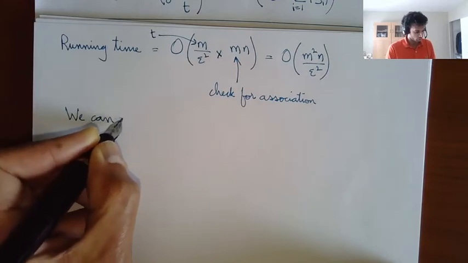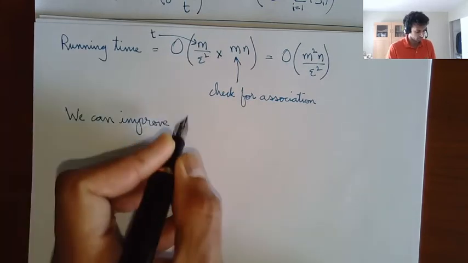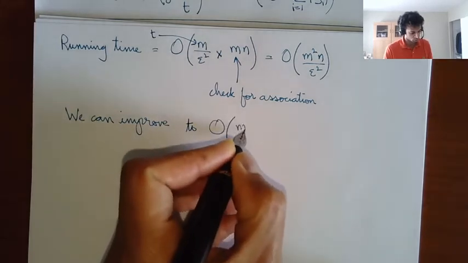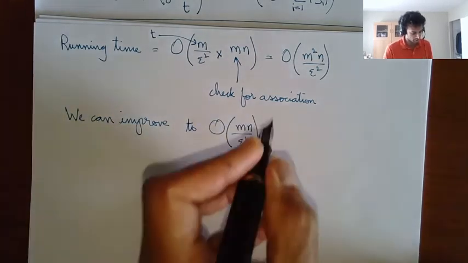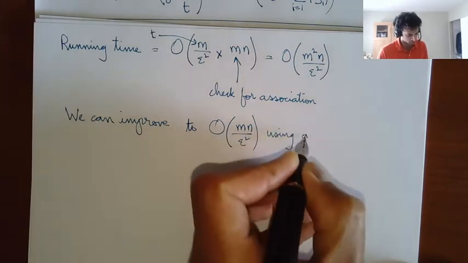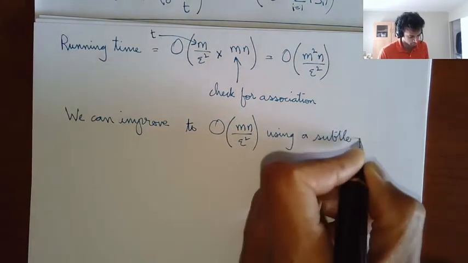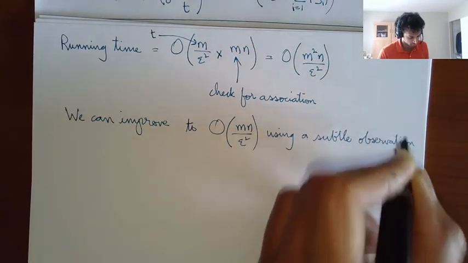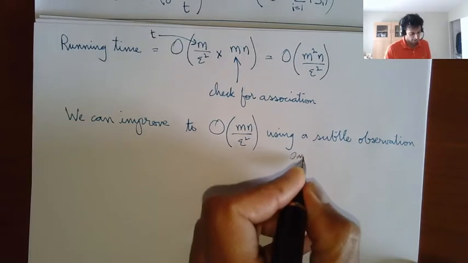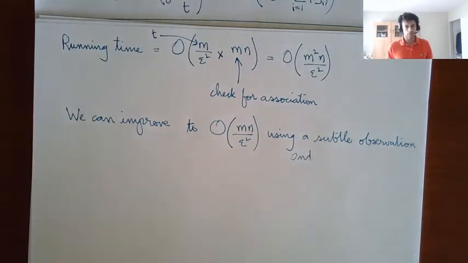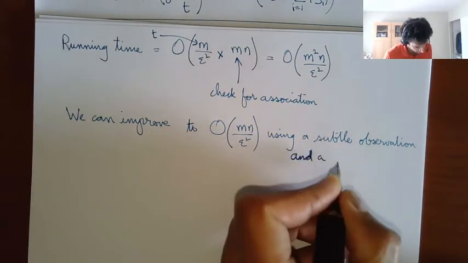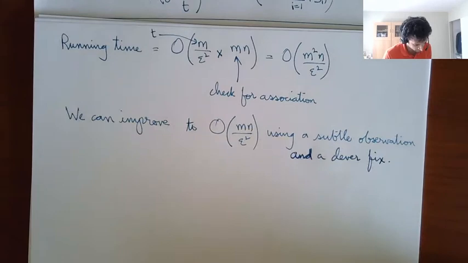We can improve this to O of mn divided by epsilon squared using a subtle observation and a fairly clever fix.